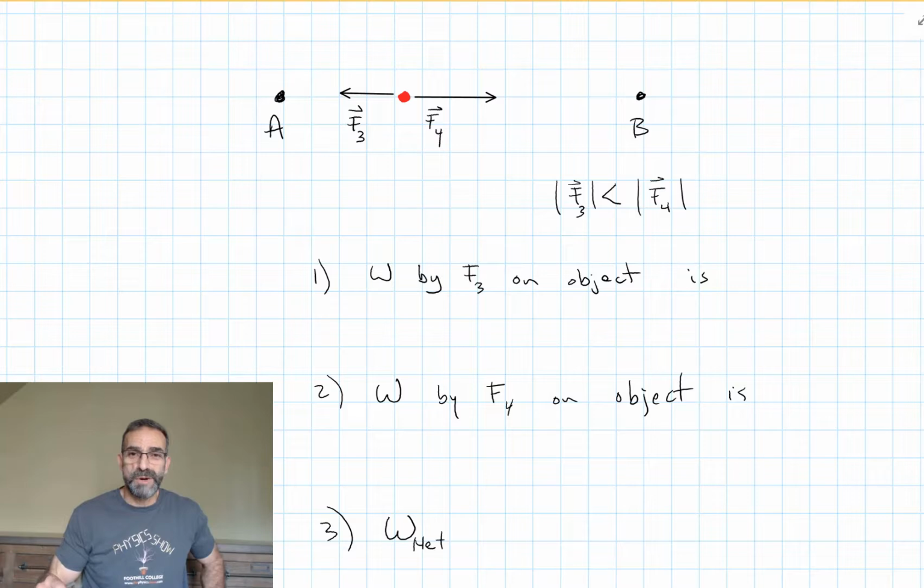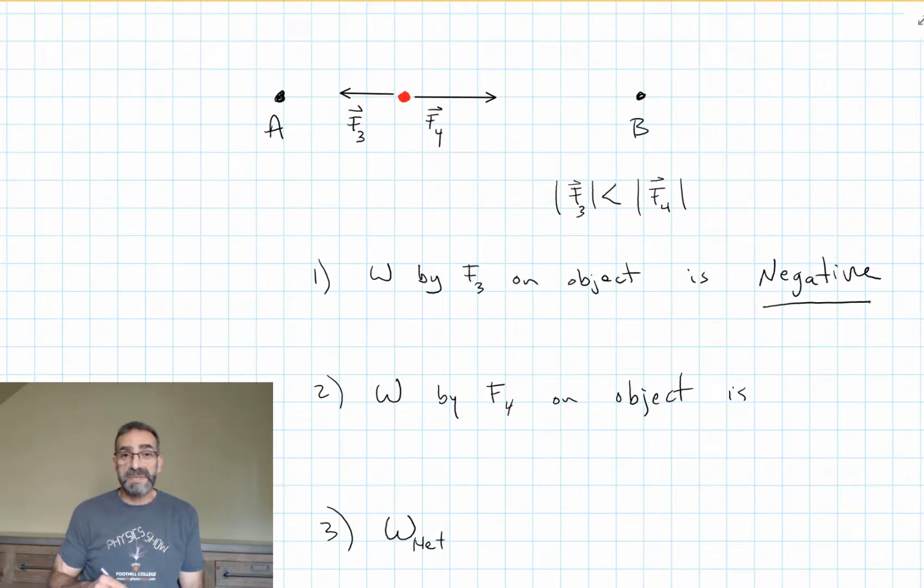Let's do one more. We're moving our object from point A to point B under the influence of two forces. They are constant the whole time that the object is moving between points A and B, but they're not equal in magnitude anymore. The force F3 is smaller than F4. The work done by F3 on our object is positive, negative, or 0?